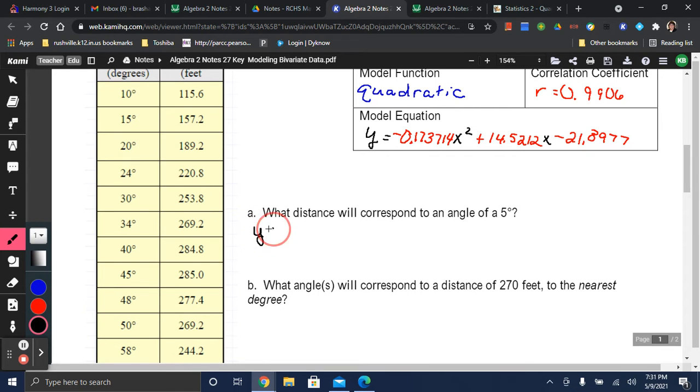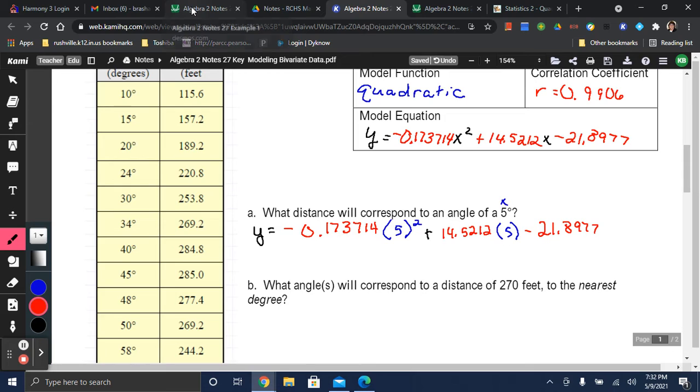That would be y equals negative 0.173714 times 5 squared, then plus 14.5212 times 5, and then minus 21.8977.